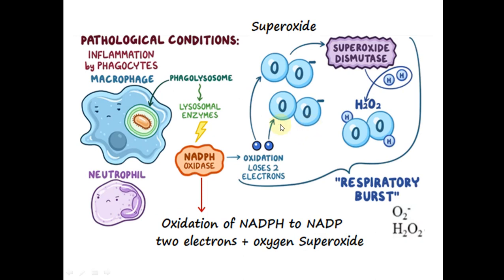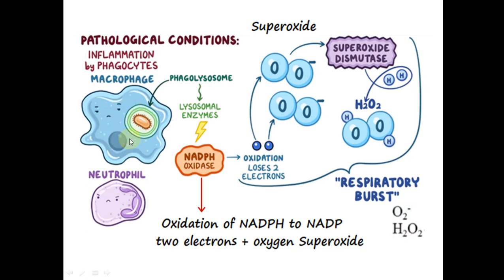Now, pathologically, when the phagocytes, for example the macrophage or the neutrophil, engulf a microbe in a phagosome, this phagosome then combines with the lysosome to form the phagolysosome.